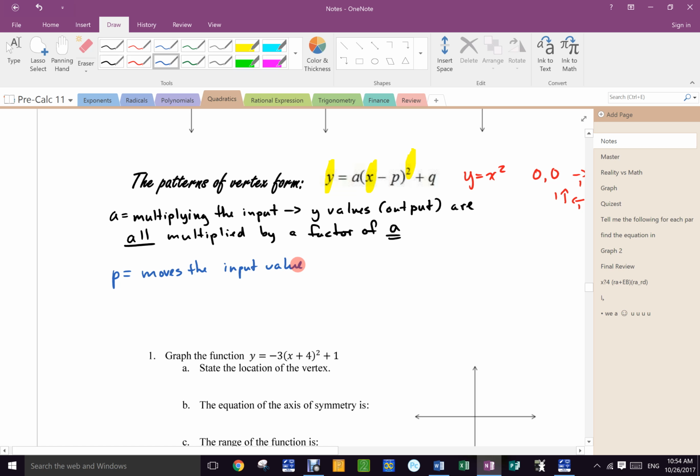So that means it moves the input value, which is my x value, in the opposite direction. And how far does it move it? It moves it p steps. Everybody cool with that? And what's the third letter we have there? We have Q. What does Q do?